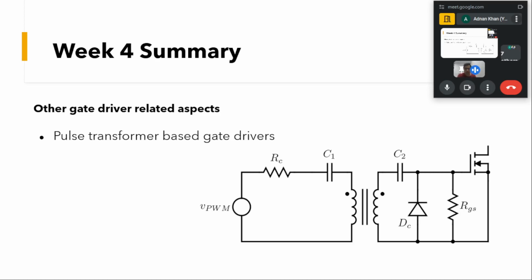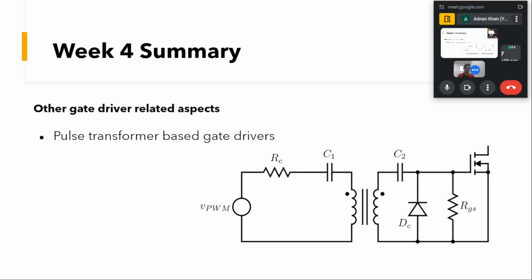The other aspect in gate driving that we had seen, and why we require a gate driver, is that we needed level shifting in terms of the voltage and the current, because our controller side was not able to provide that amount of current to drive the devices. For that we use additional circuitry.